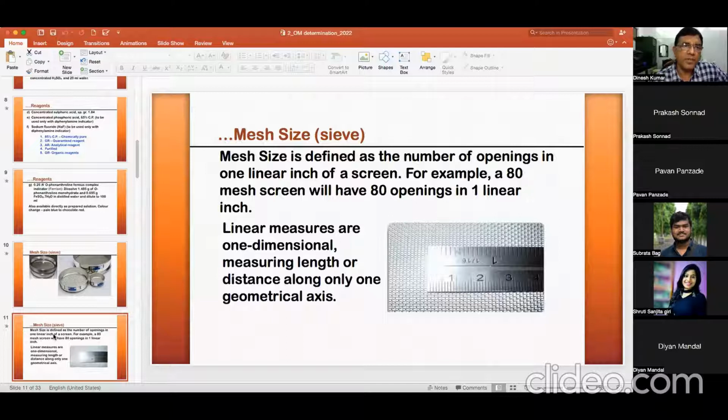A screen is for the sieve. For example, an 80 mesh screen will have 80 openings or holes in 1 linear inch. So you can measure 1 inch in length and count the number of openings. Linear measures are one-dimensional, measuring length or distance along only one geometrical axis.